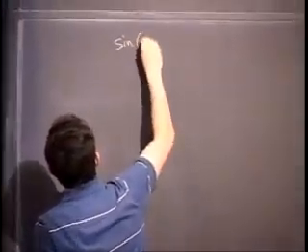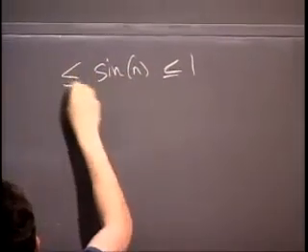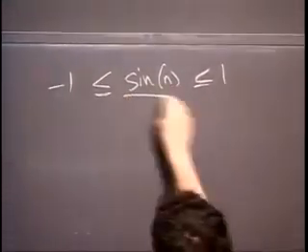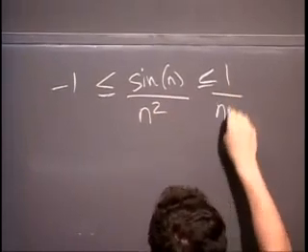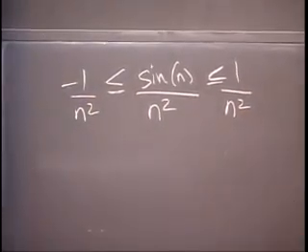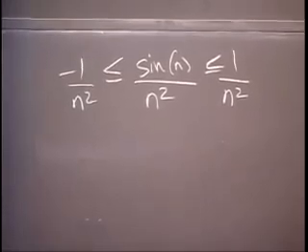And so without even using functions, you could just trap, for example, sine n, which is less than or equal to 1 and greater than or equal to minus 1. So if you divide this by the positive quantity n squared, you get this inequality, minus 1 over n squared less than or equal to sine n over n squared, less than or equal to 1 over n squared.